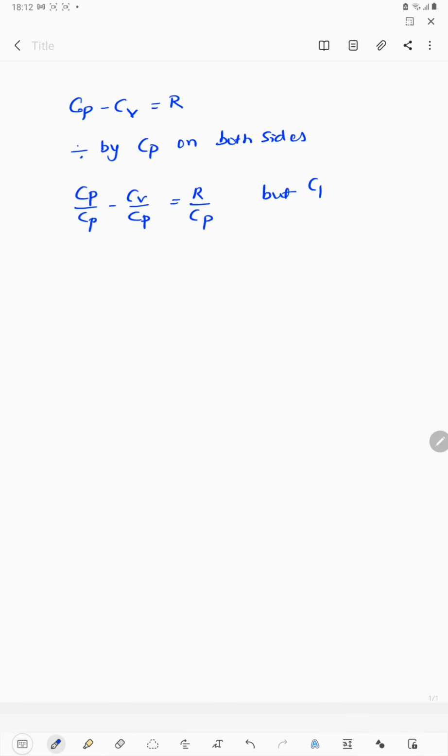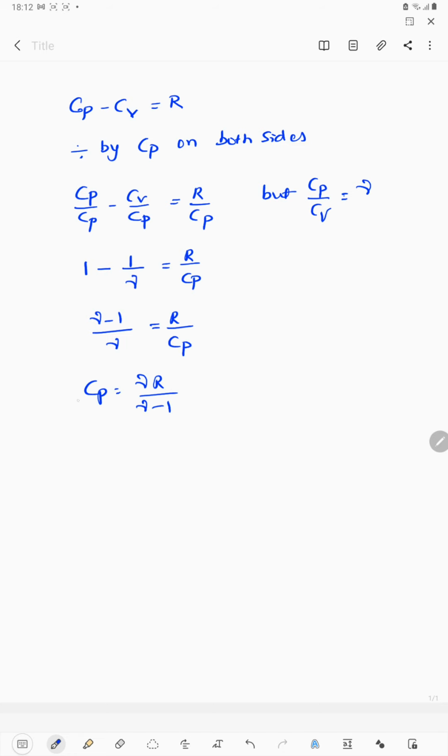But we all know that Cp by Cv is equal to gamma. Then Cv by Cp is the reciprocal of gamma, equal to R by Cp. Then you will get gamma minus 1 by gamma is equal to R by Cp. Then Cp is equal to gamma R by gamma minus 1. This is how you get the value of Cp in terms of gamma value.